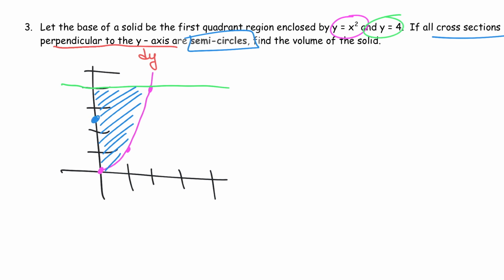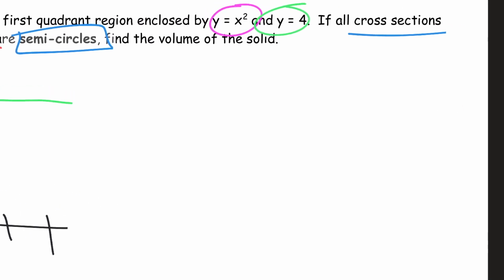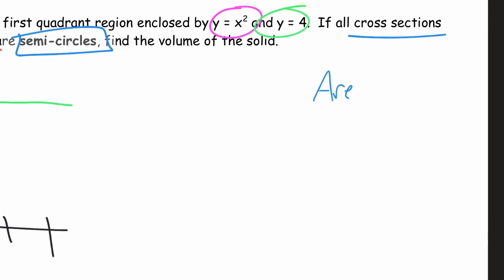So that means we're going to have this little shape sticking out towards you from your paper here. So the area of a semicircle is going to be 1/2 pi r squared, because it's semicircles, we only need half of the normal pi r squared.